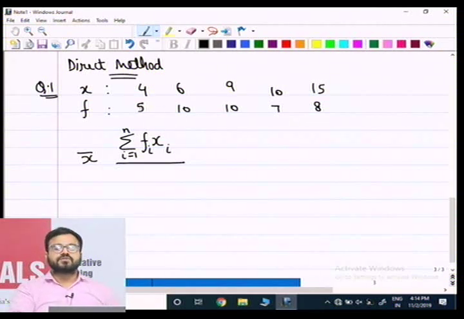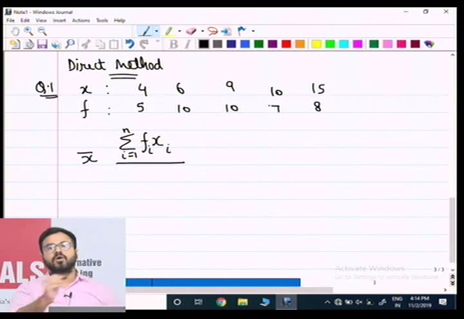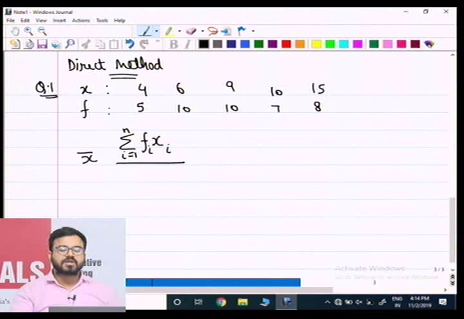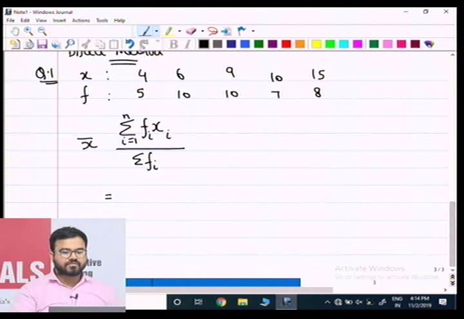Like there are 5 students who got 4 marks, 10 students who got 6 marks. In the same way, if we add all the frequencies, that gives us the total number of students, which is indicated by sigma fi. Now how can we multiply it? In the solution, we have to make a table like this.